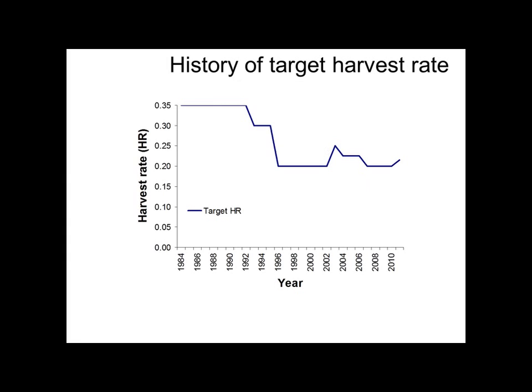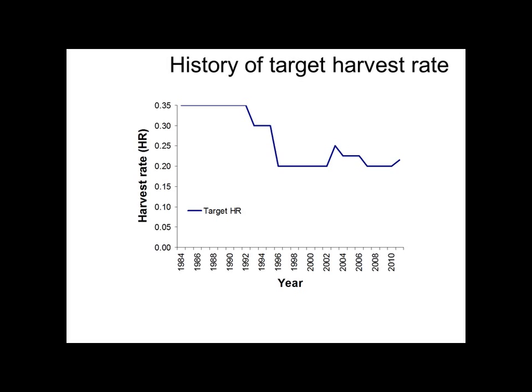So this slide shows the history of target harvest rate from 1984 to effectively this year. And several things have to be noted. Although we do not currently have a formal coast-wide harvest rate, the target harvest rate we have now was developed from what was considered the core area of the stock.